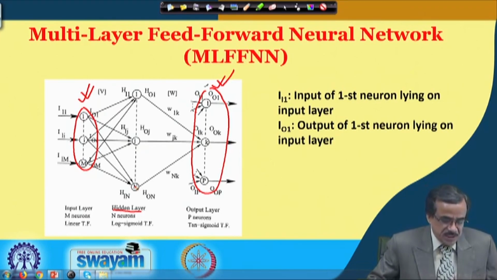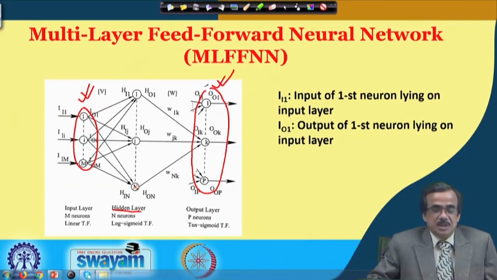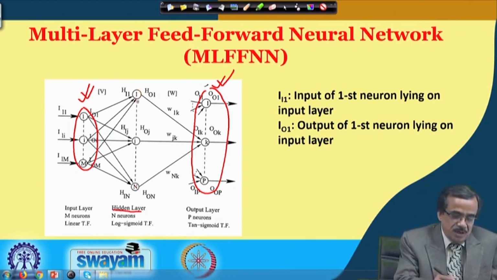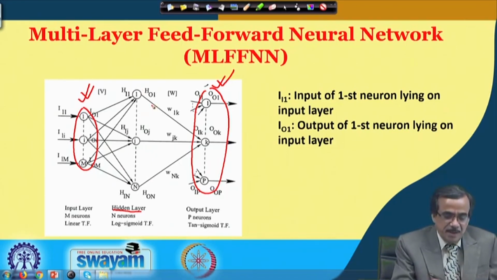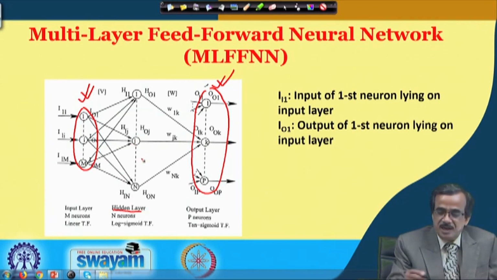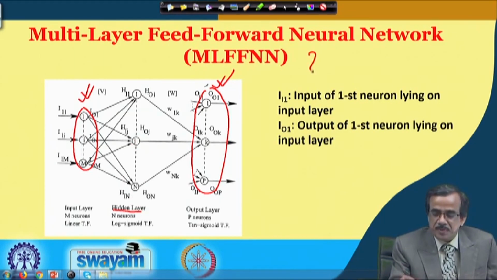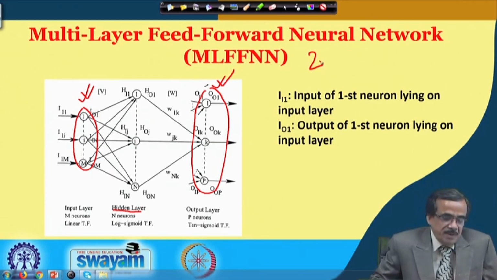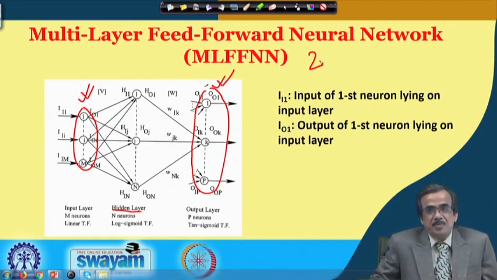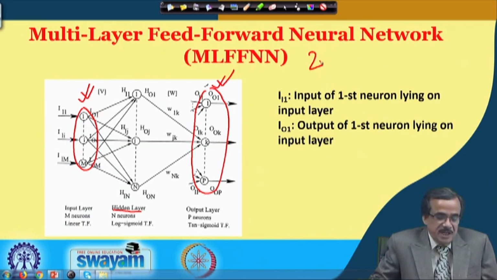Now, how to decide? To decide this, the first thing we will have to decide is what should be the minimum number of neurons in this particular hidden layer. Let me assume that there is only one hidden layer, and the minimum number of neurons to be put in the hidden layer is equal to 2. The reason is, if we do not put the minimum number as 2, we may not be able to capture the nonlinearities of this particular process.